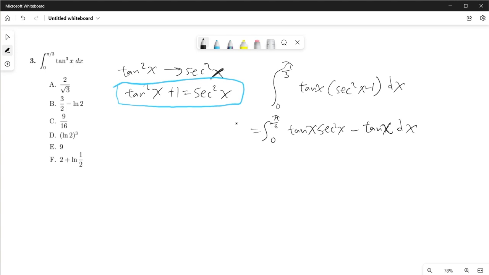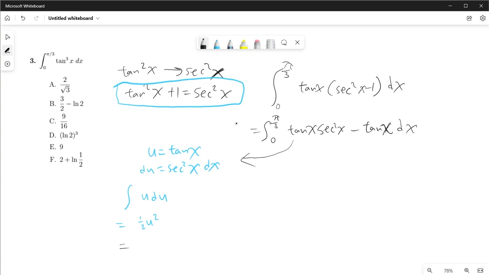So for the first part, I can split this into two integrals. I'll have u equal to tangent x, then du will be secant squared x dx. So in that case, I will have u du, which in turn equals 1/2 u squared.